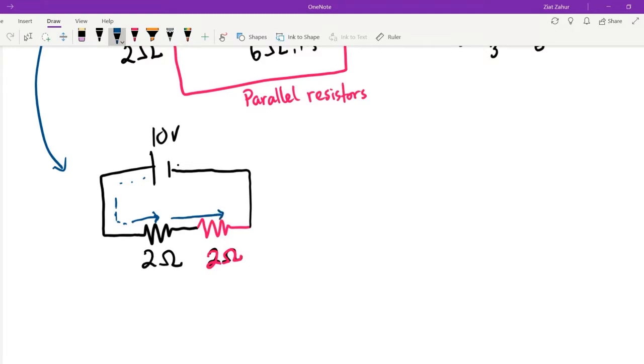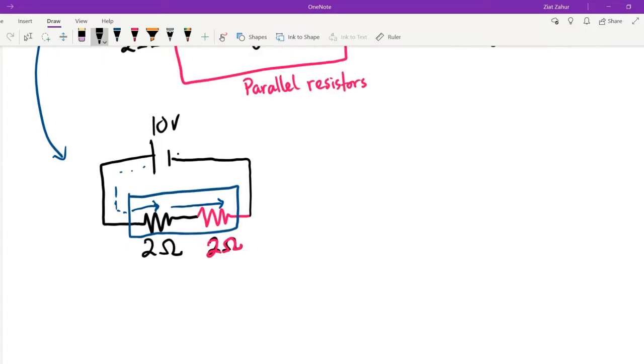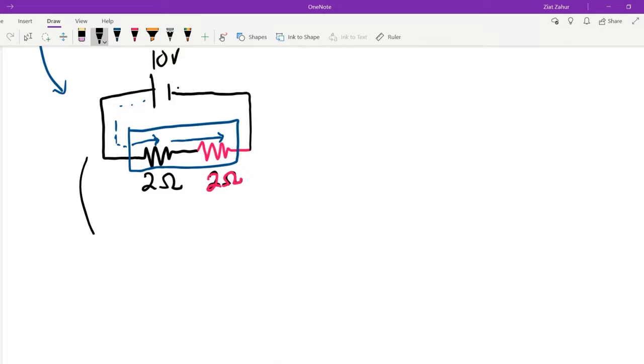Since the same current is going through, these two are now in series. There's no fork in the road anymore, so these two are in series. Therefore, we can combine these 2 resistors into one. So let's do that.